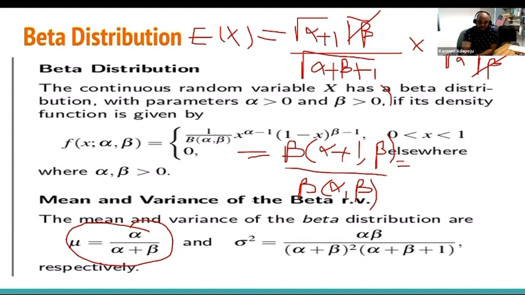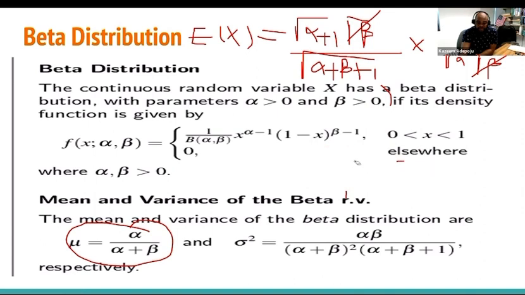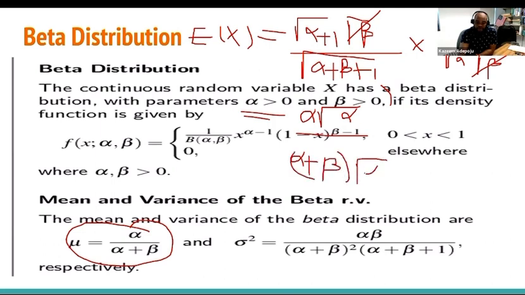Let me clean my board so that I can have some space. This can be written as alpha times gamma(alpha), divided by alpha plus beta times gamma(alpha plus beta), multiplied by gamma(alpha plus beta) divided by gamma(alpha). The gamma(alpha) cancels gamma(alpha).